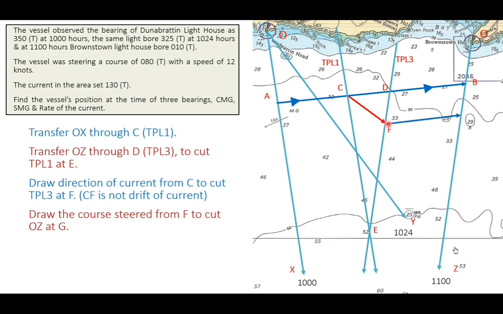This line will again meet TPL3 at a certain point. Let's name this point G. I have marked it with a single arrow since this is the course steered.